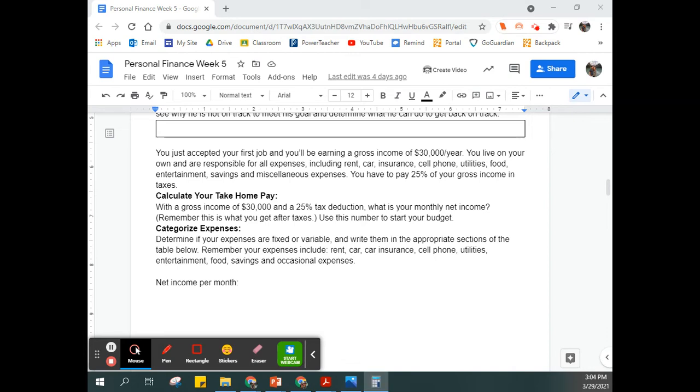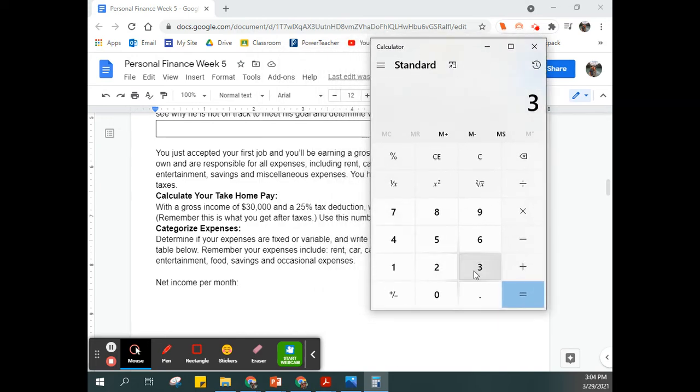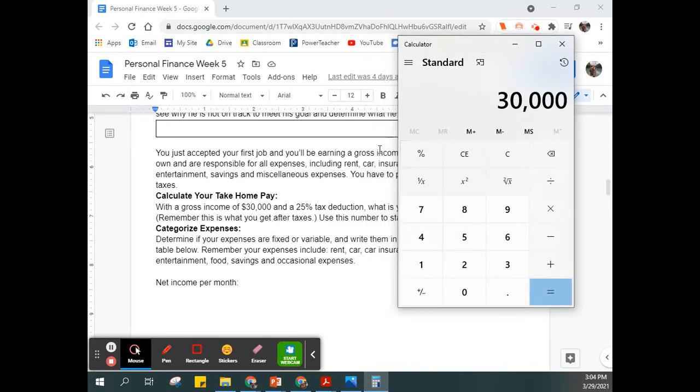So first thing we're going to do, we're going to take our calculator here, and we're going to say $30,000, and we're going to pay 25% of that on a tax deduction. So you could do times 0.25 and figure out how much you're paying in taxes, or maybe a better way is to do times 0.75, and that's how much you get to keep.